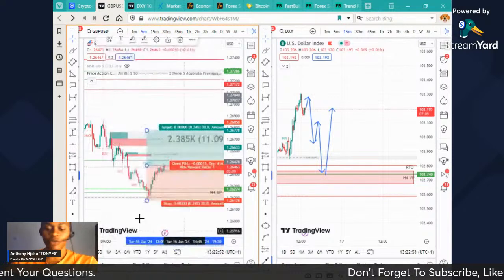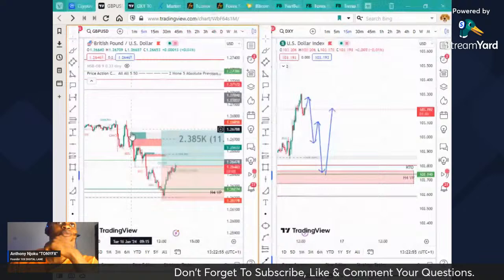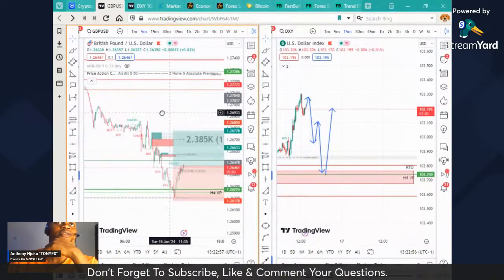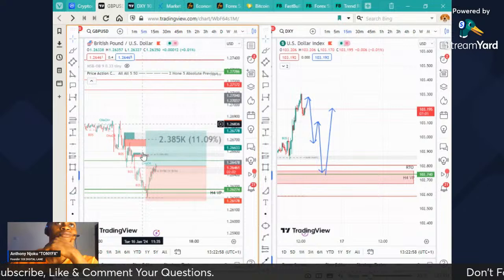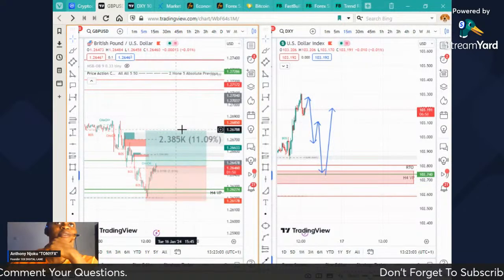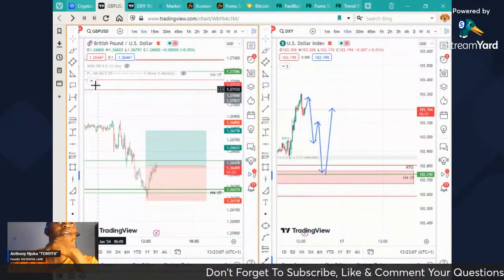This is more of a scalp trade. GBPUSD buy to trade the corrective structure. Stop loss is below this low, 30 pips. Take profit one, this high, 30 pips.